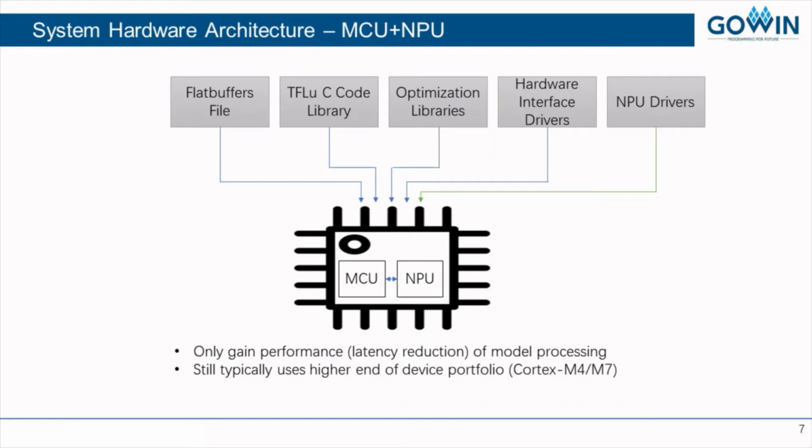But basically, it's the same flow. You just have NPU drivers to handle running the instructions in the NPU versus the MCU. And so the only gain is really more performance or lower latency in these devices, and they still focus on using a higher end microcontroller like an M4 or M7, typically.